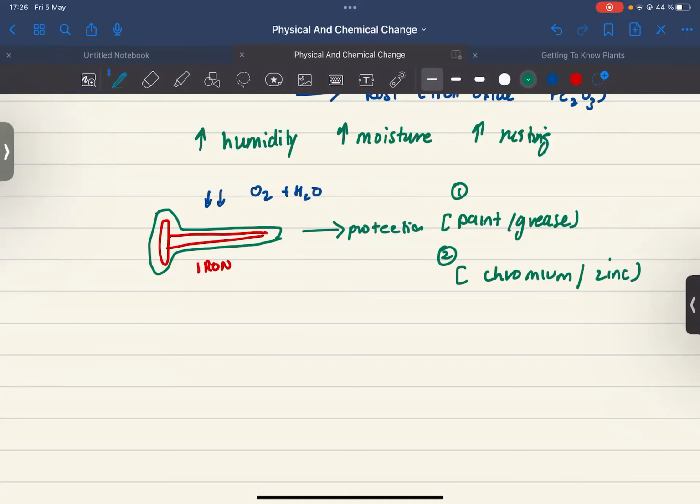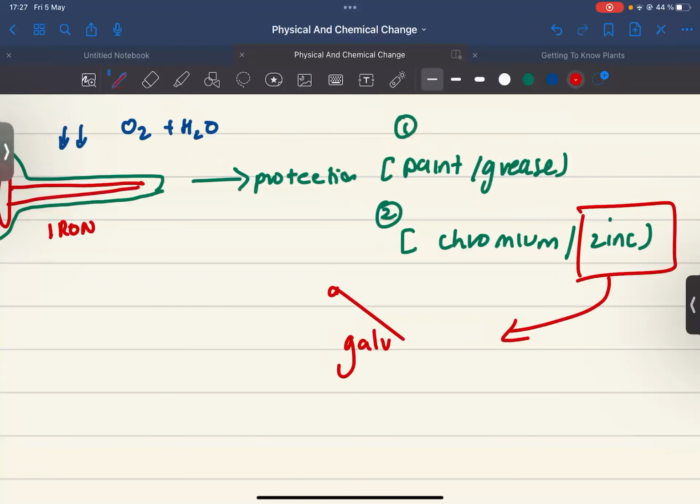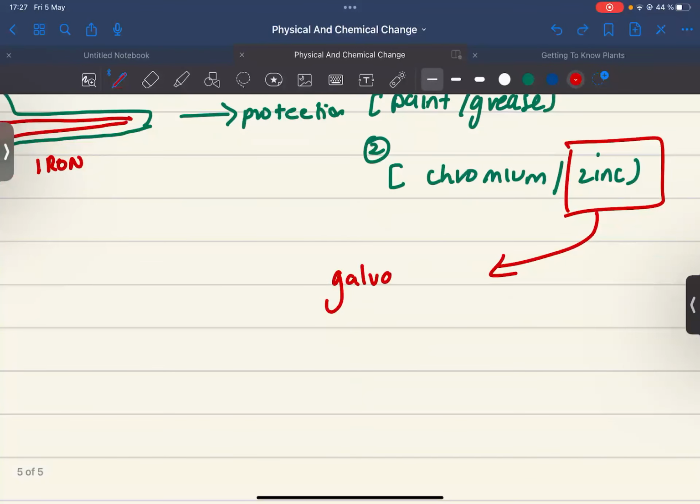This process of depositing zinc to prevent iron from rusting is known as galvanization. The method of protecting iron from rusting by coating it with zinc is known as galvanization.